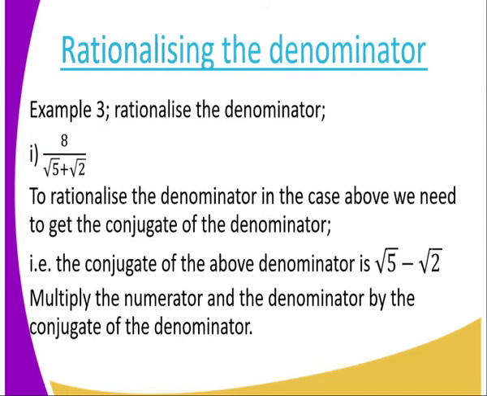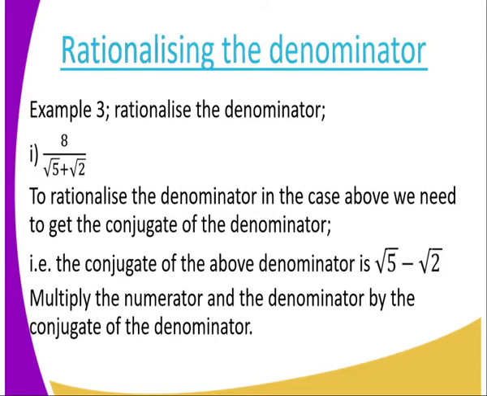To rationalize the denominator in this case, we need to get the conjugate of the denominator. How do we get the conjugate of the denominator? We take the denominator and change the sign, addition or subtraction, to the opposite. If it was addition, it becomes negative. If it was subtraction, it becomes positive.